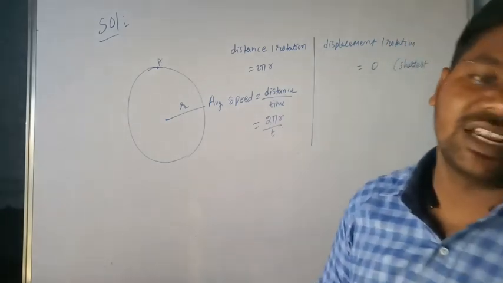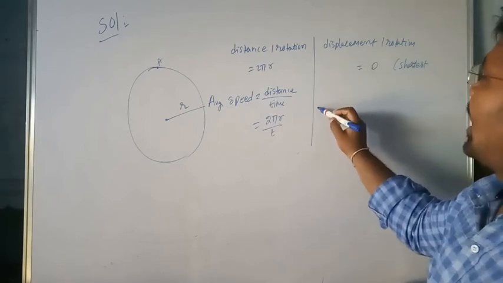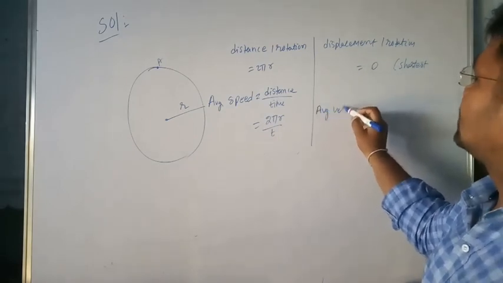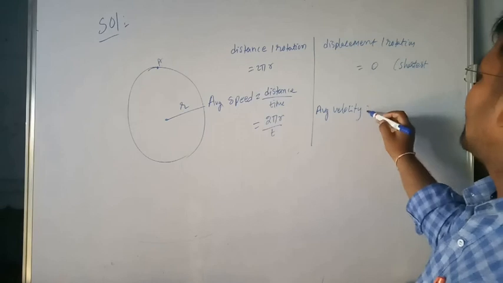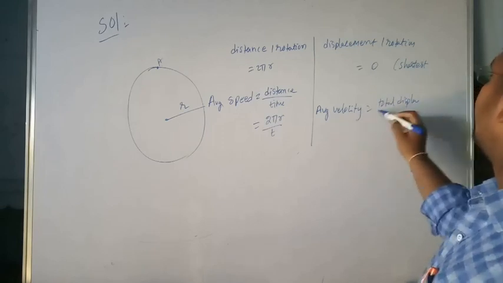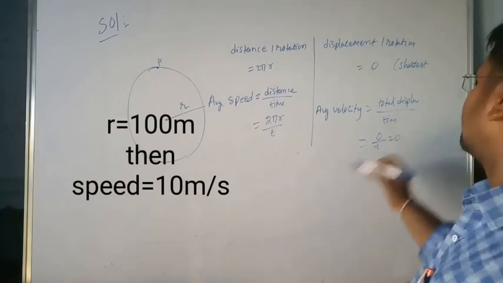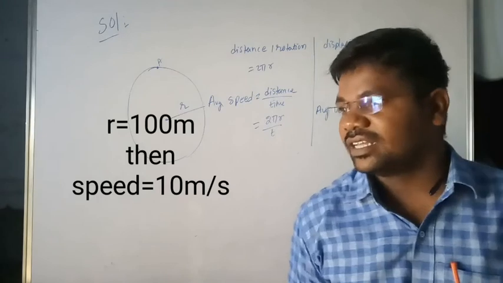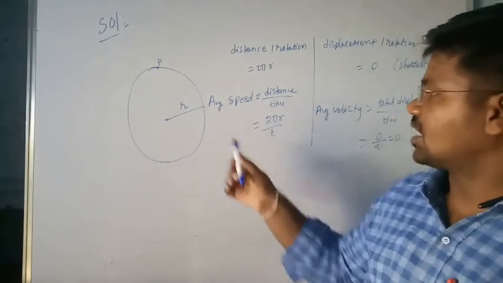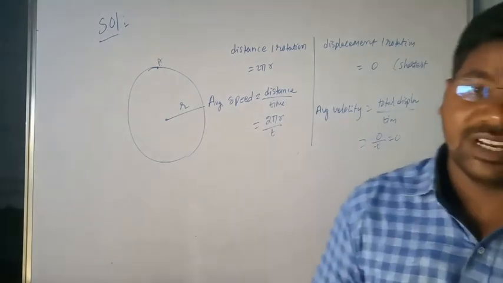Here, average velocity is total displacement by time, means 0 by t becomes 0. Okay, in this case, the average speed in a circular path is 2 pi r by t, the average velocity is 0.